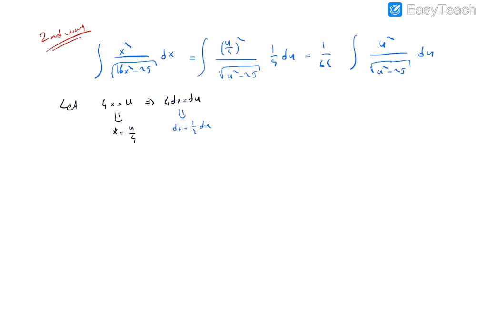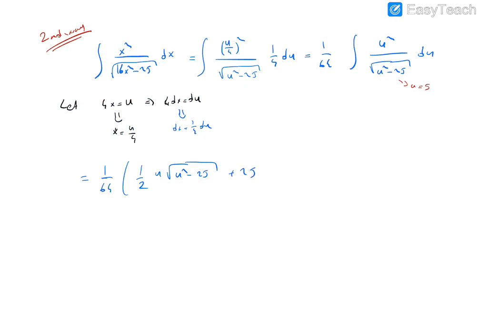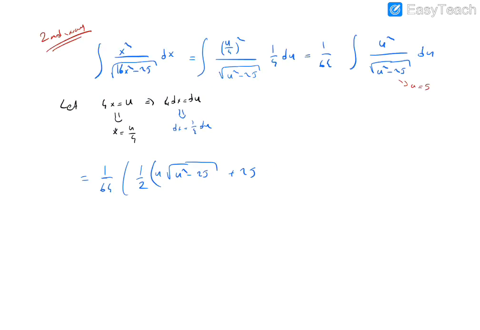A is 5, okay? So in this case, a is 5. So as answer, 1 over 64 we have 1 over 2 u times u square minus a square 25 plus a square 25 ln u plus u square minus 25 plus c.